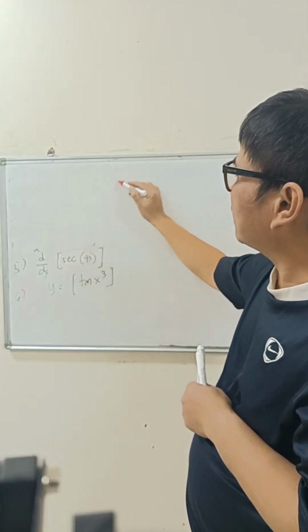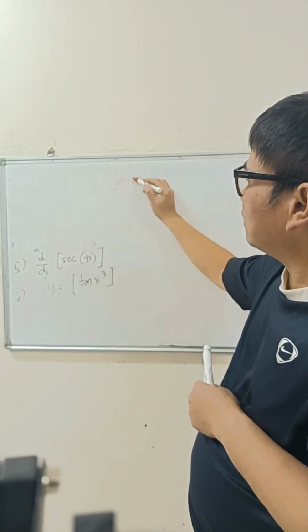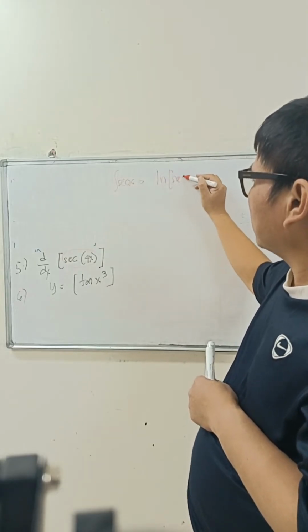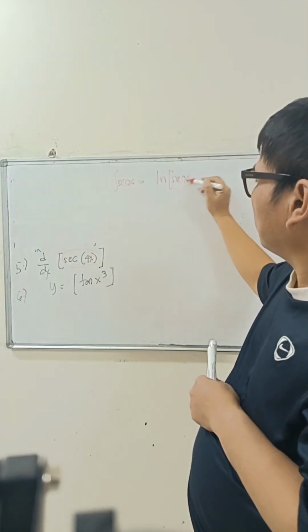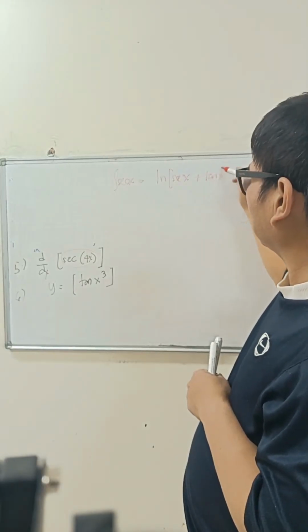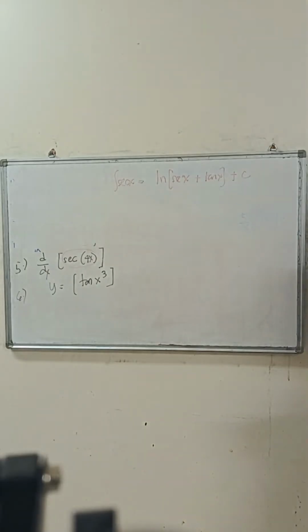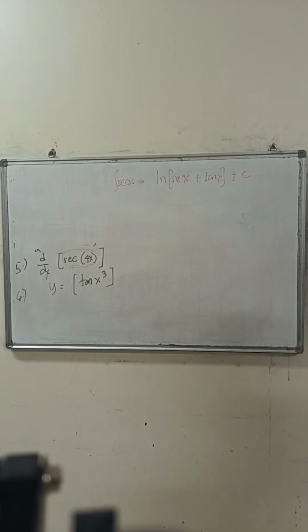The integral of secant x is equal to ln of secant x plus tangent x, plus c. Get the point? ln of secant x plus tangent x plus c.